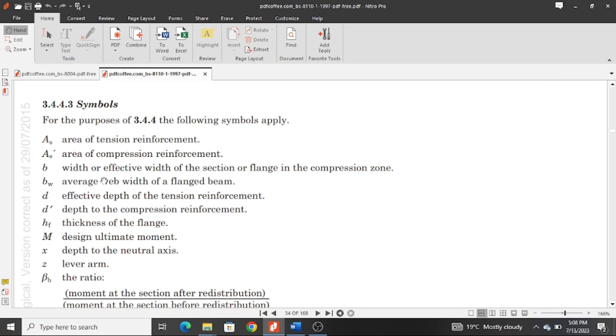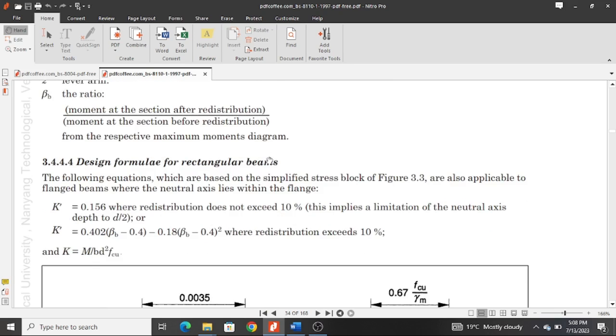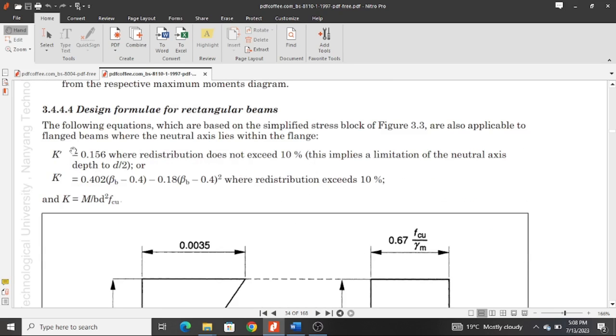For the purposes, these are the symbols that apply, and with these symbols now we have design formulas for rectangular beams. You see now K' is equal to 0.156 where redistribution does not exceed 10%.